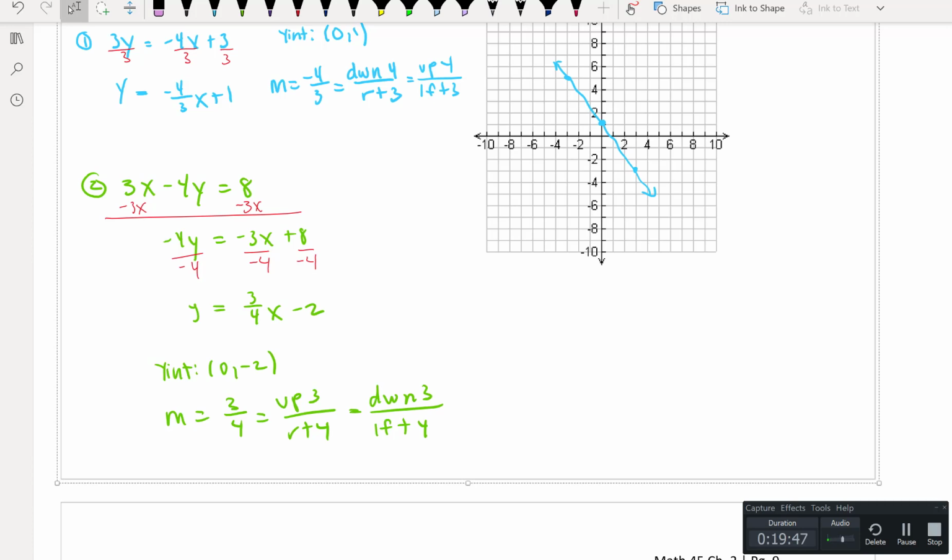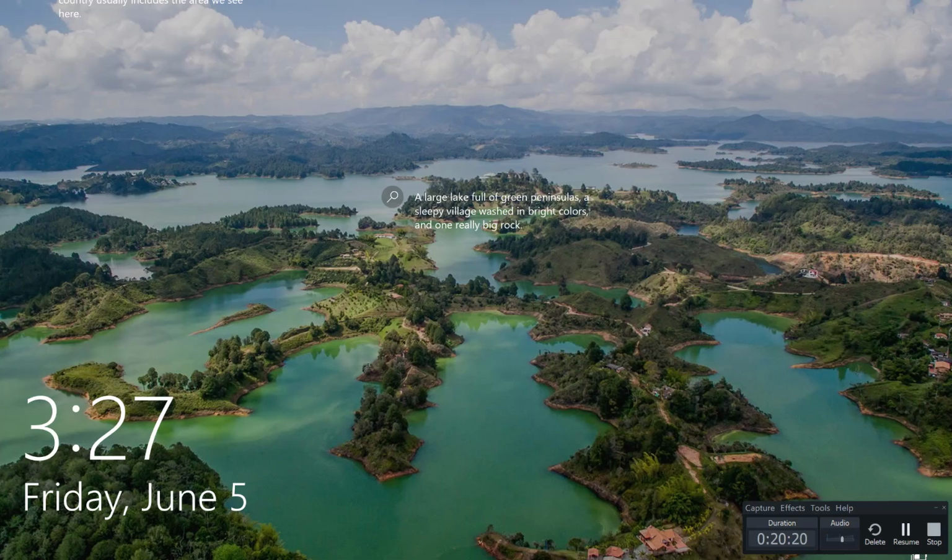I have my first point at (0, -2). And I'm going to go up 3 and over 4. I also could have gone down 3 and over 4. And that is my graph, okay? So now that I have this, I can tell you that these lines are going to be perpendicular.